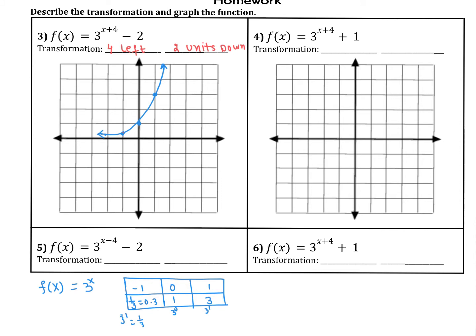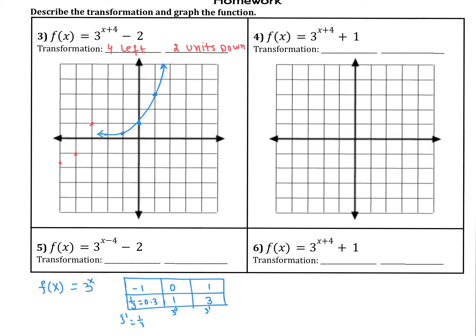So this point 1, 2, 3, 4, and 2 units down. So this point is moved right here, and the next point is this one, 1, 2, 3, 4, 1, 2 down, 2 down. And this point, the last point I have, 1, 2, 3, 4, 1, 2, 2 down, and this is the point right here that I'm moving to.